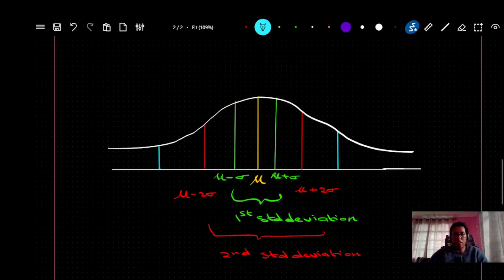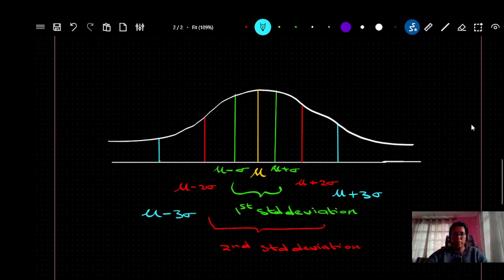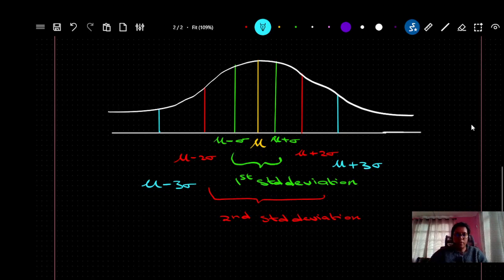In our third standard deviation, we say that mu, 3 standard deviation to the right, mu plus 3 sigma, and 3 standard deviation to the left is mu minus 3 sigma. So this is our third standard deviation.